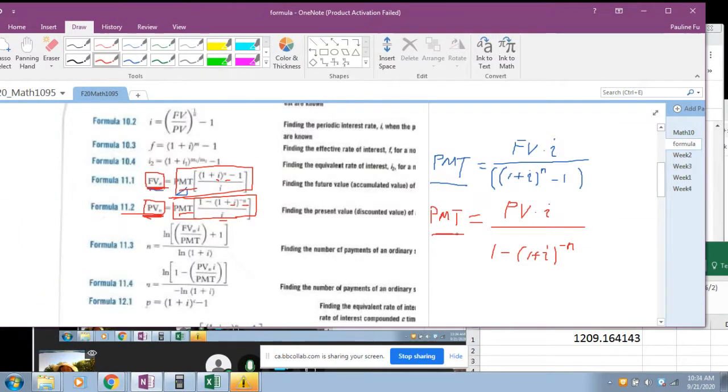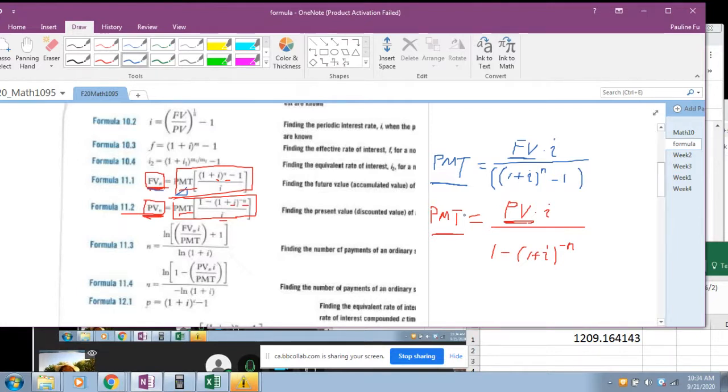There are two formulas for PMT. One formula is given the present value, what is the PMT? And the other formula, if you are given future value, what is PMT? Two formulas for PMT. And in each question, I use both methods, one calculator, two formula. I encourage you to also do two methods, but if you want to just stick to one method, go ahead with your comfort zone.